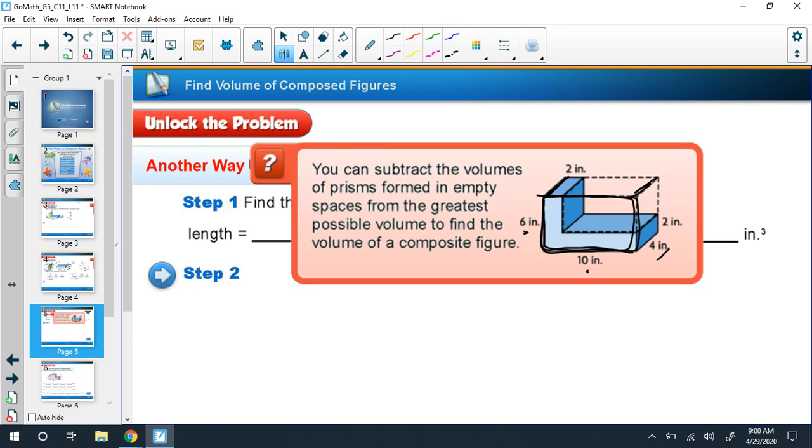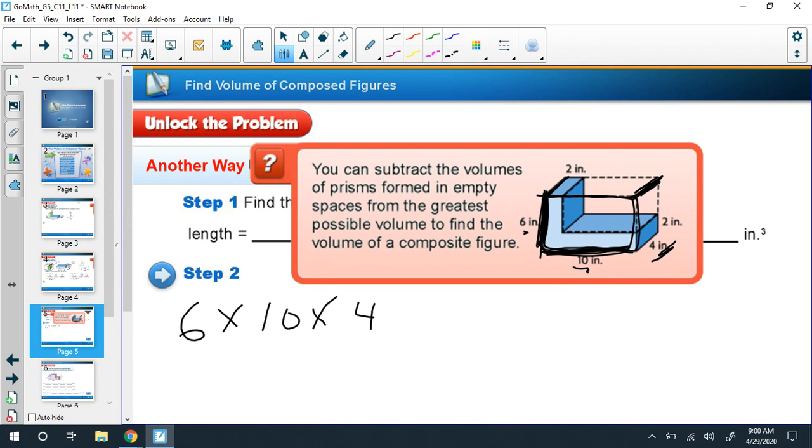We're going to say, well, it's 6 by 10 by 4, which is our front to back measurement. Remember, the key here is to always make sure that we get all three of our dimensions. We get our 6 from our up and down, our 10 from going across the front, and our 4 from going front to back.